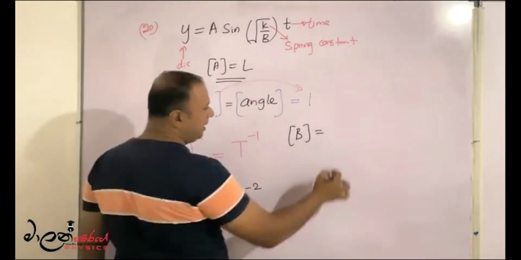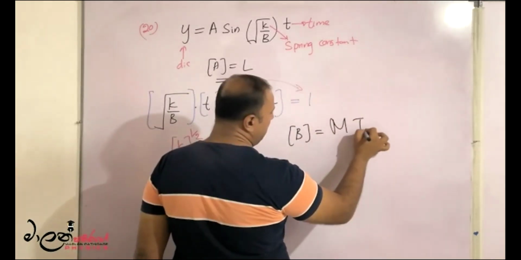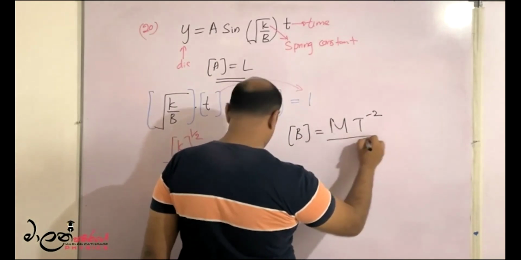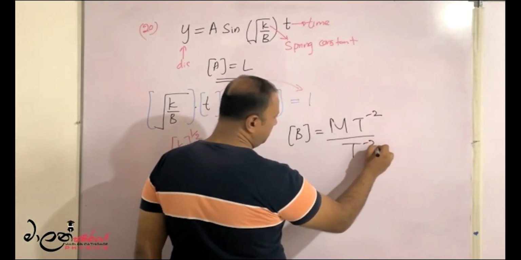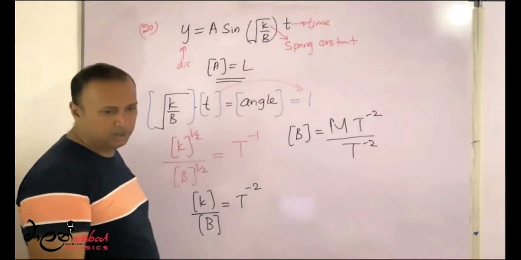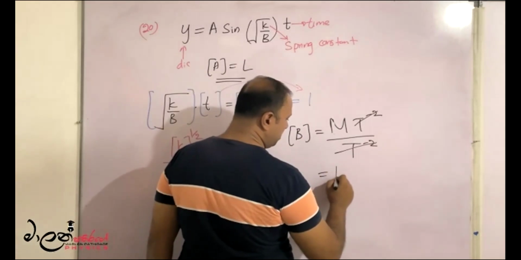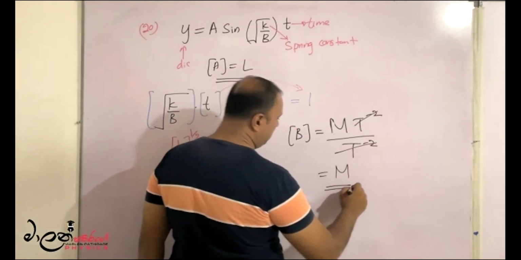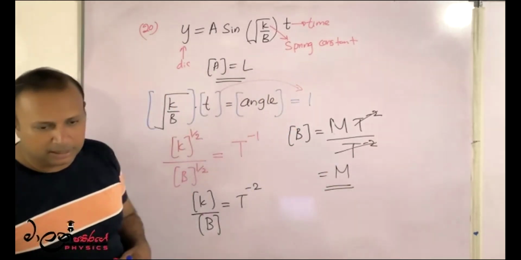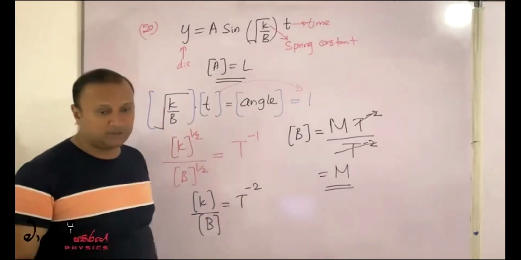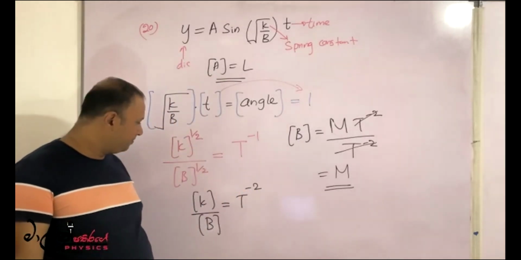Dimension of k means M T minus 2, over T minus 2. Therefore, T minus 2 and T minus 2 will be cancelled out. Dimension of b is equal to M, not M squared. Only M.